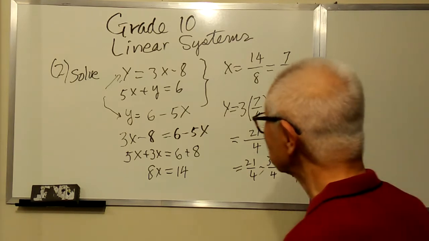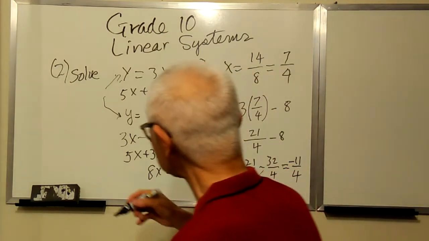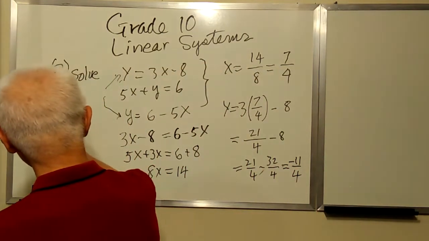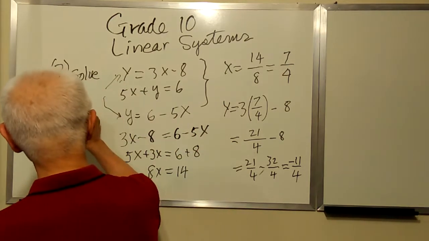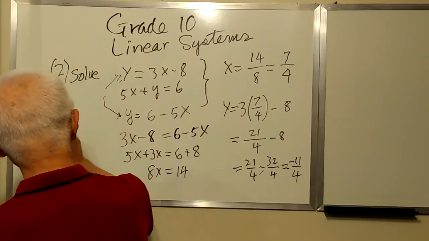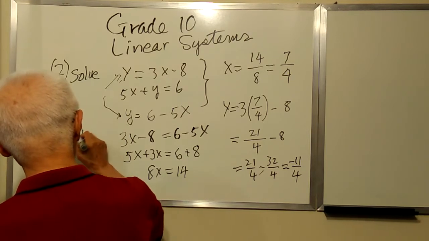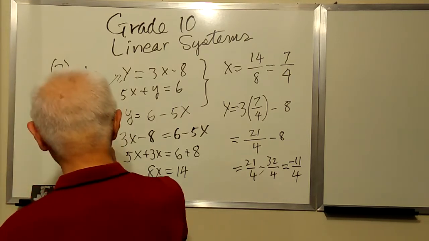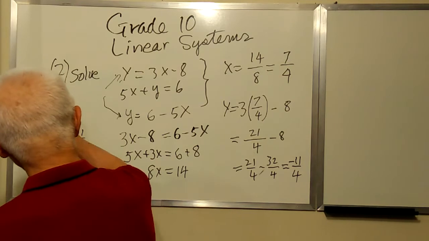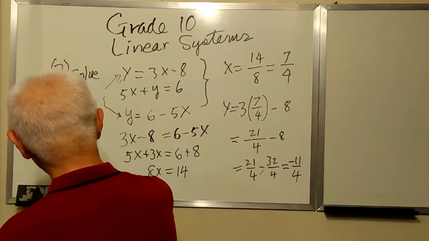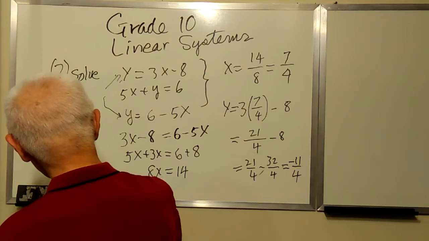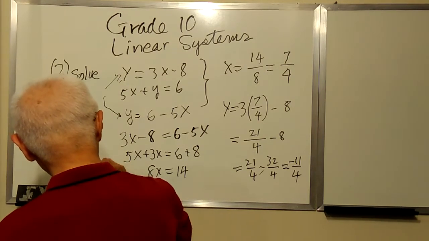So I have two answers, a pair of answers, I mean. So x is equal to 7 over 4, and y is equal to negative 11 over 4. This is the pair. I can also write in bracket form (7/4, -11/4).